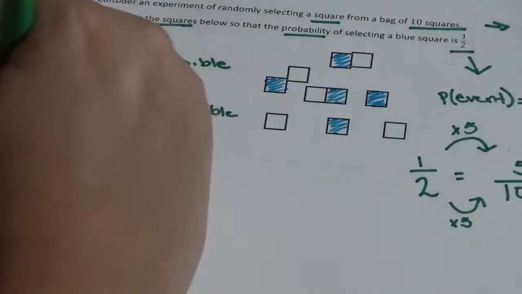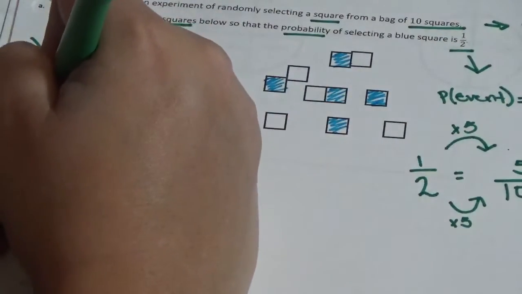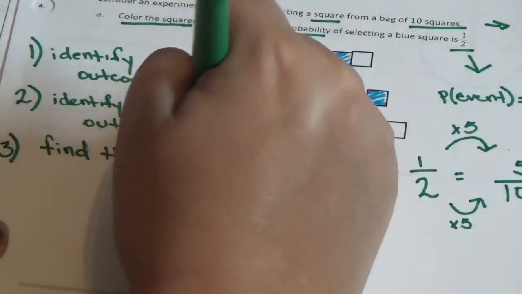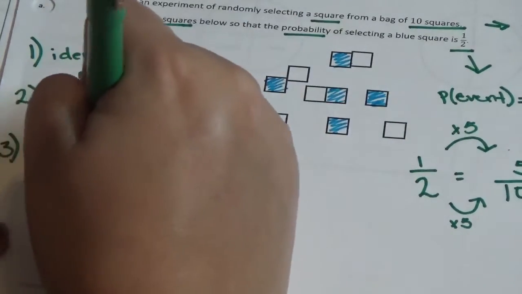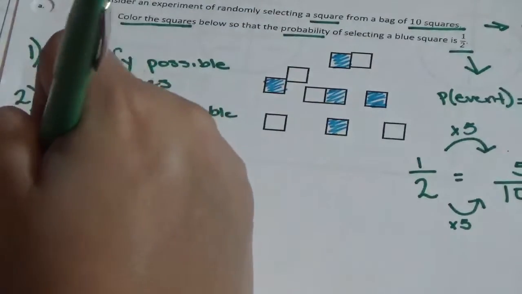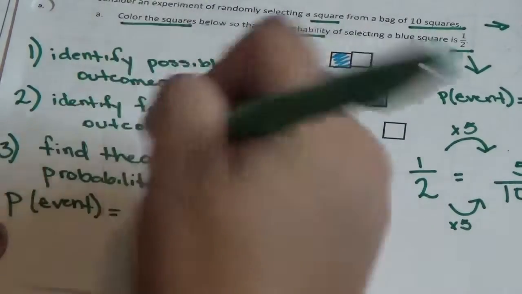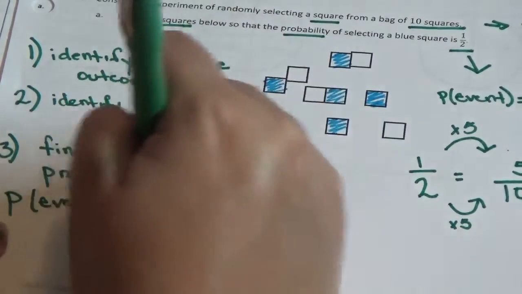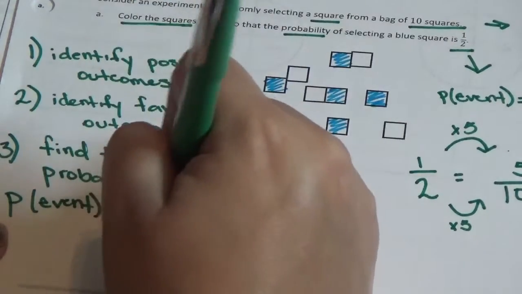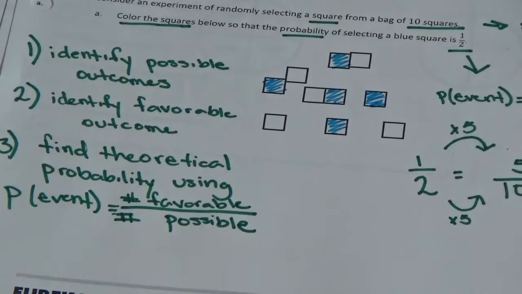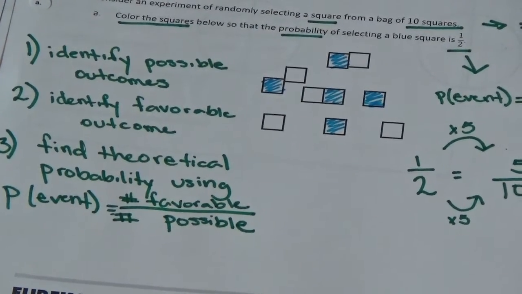The third step would typically be to find the theoretical probability using P of the event equals the number of favorable over the number of possible. And I'll make sure to give you guys a clip of this in the slides.